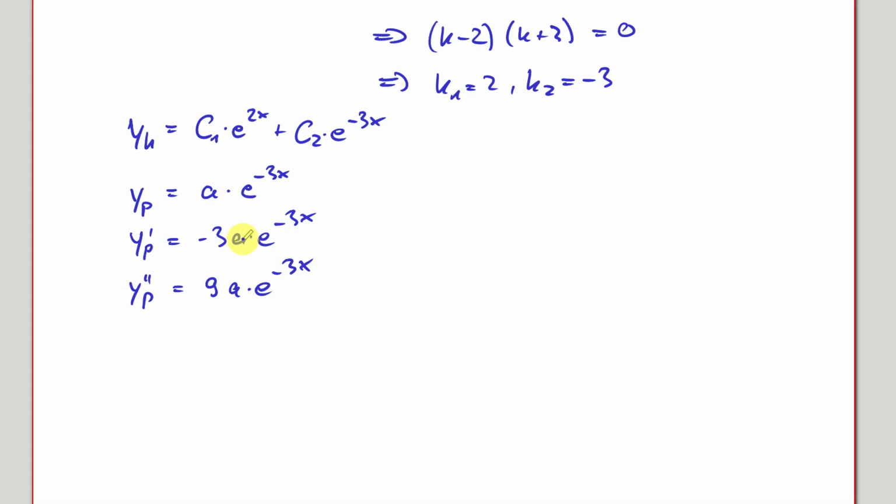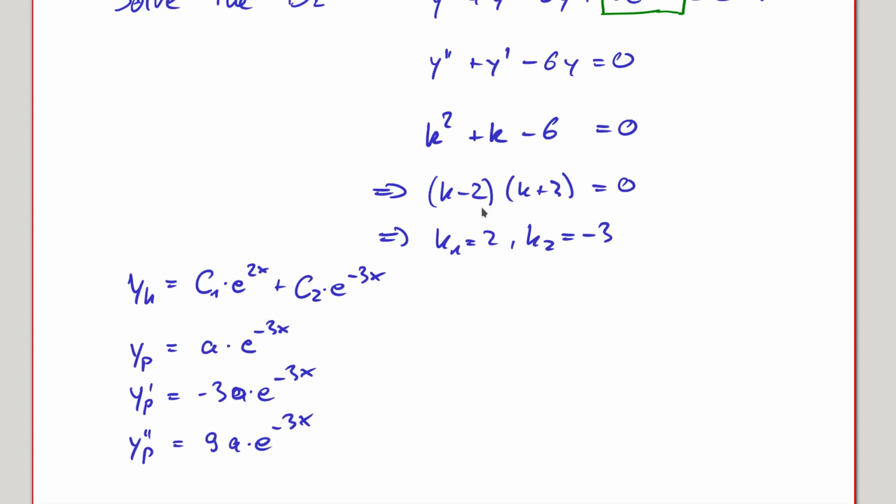So that's the standard way to approach this kind of inhomogeneous differential equation. What we have to find out now is a good choice of a in order to solve the inhomogeneous differential equation. To find this, we just plug this into our differential equation again.